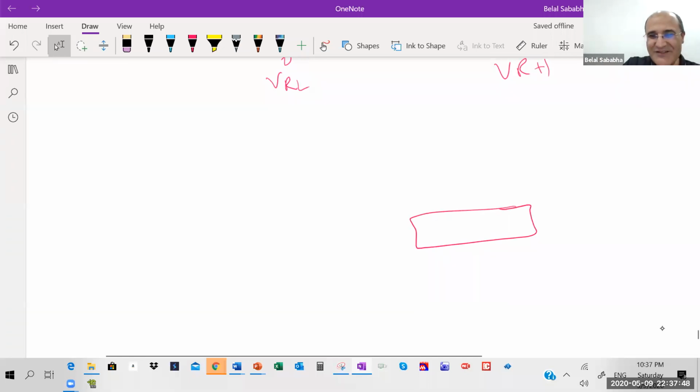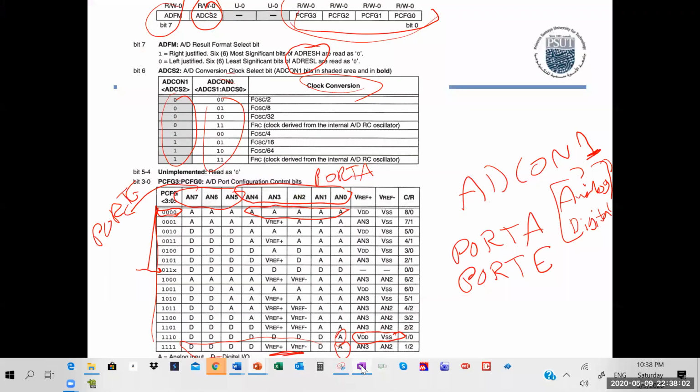So we have a register called result, what was its name? AD result low and high.